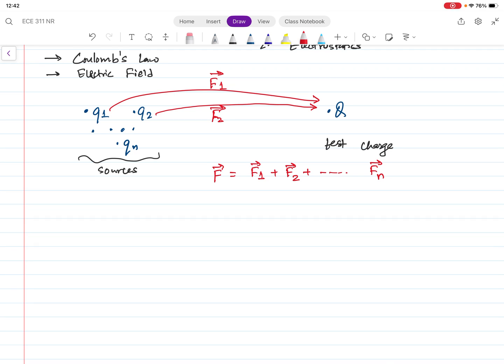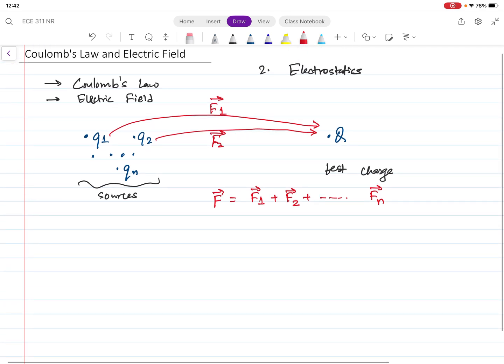Okay, however in electrodynamics the source charges themselves are moving. And that makes things complicated, because the force now depends not only on the position, but also on the velocity and acceleration of the source charges.